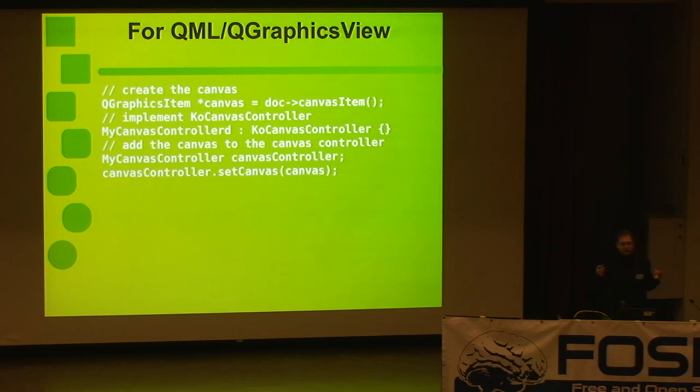And it is responsible for all your scrolling, panning, and zooming needs. And it needs to be the thing that is shown in your application, because your KoCanvasController is the first thing that gets the events. It needs to know somehow which events have to go to the canvas and which events it needs to do the scrolling and zooming.